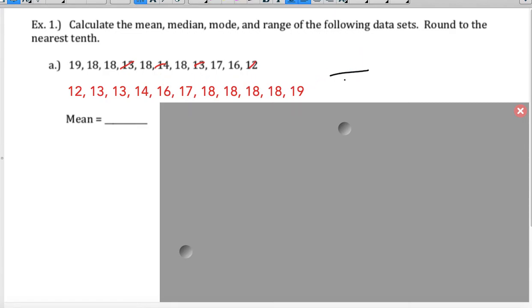So we're going to be dividing by 11. When we add all of these numbers up, we should get 176 as our total here. Dividing by 11, we're going to get a mean of 16 exactly. So that's our average.